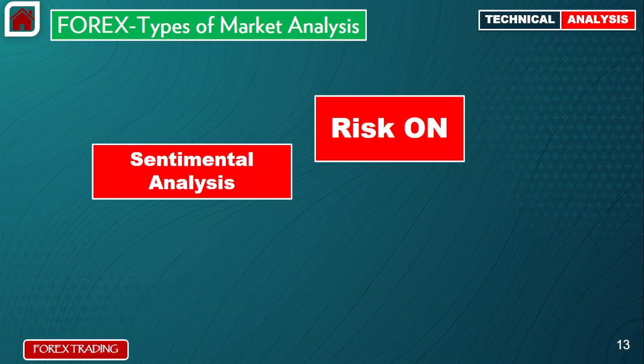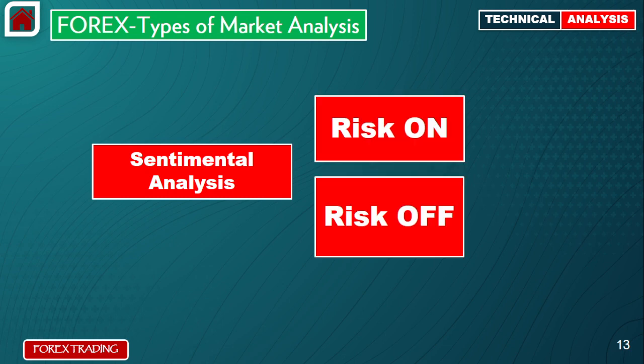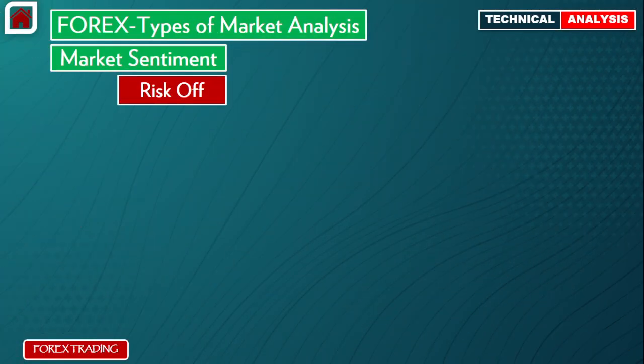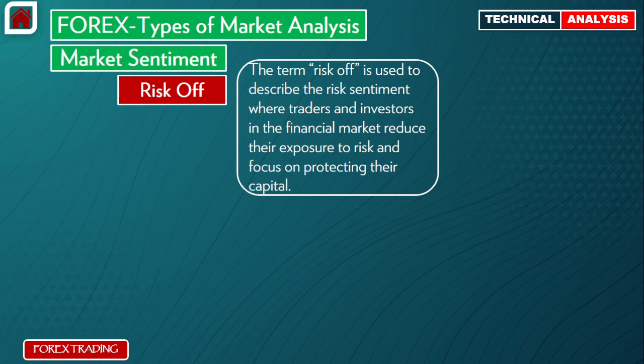So sentiment analysis has two parts. We can look at it from two different angles, risk on and risk off. So let's look at them. What is risk off? The term risk off is used to describe the risk sentiment where traders and investors in the financial market reduce their exposure to risk and focus on protecting their capital.